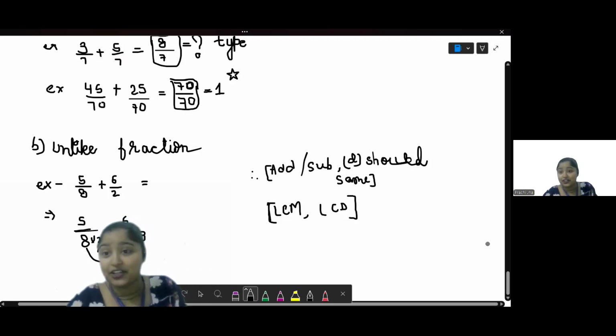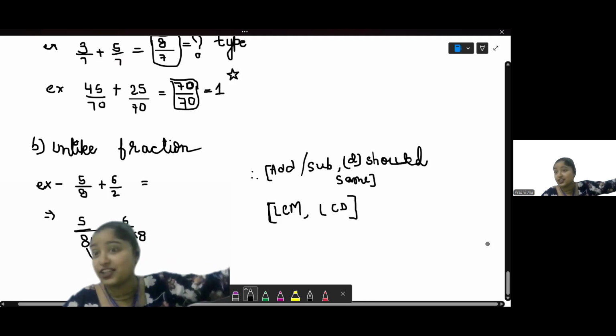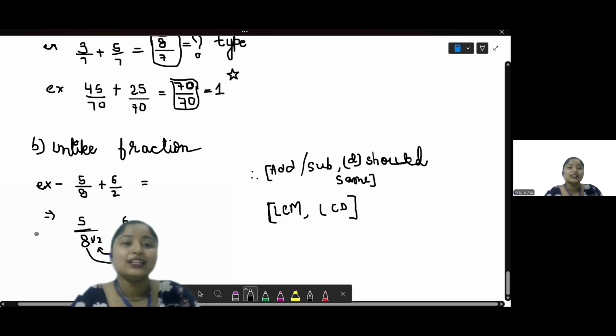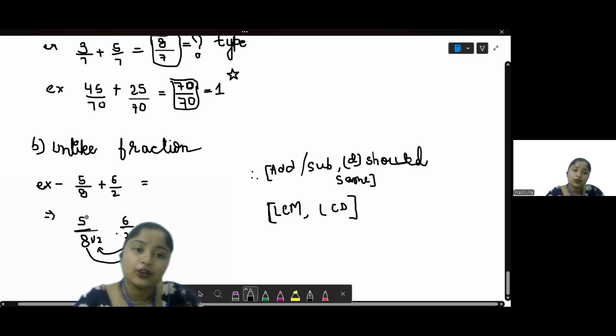Whatever you do with the denominator will affect the numerator somehow. So if you have multiplied the denominator by 2, then you have to multiply the numerator by 2 as well, with the same number. And over here, we multiplied the denominator by 8, so we need to multiply this numerator by 8 as well.